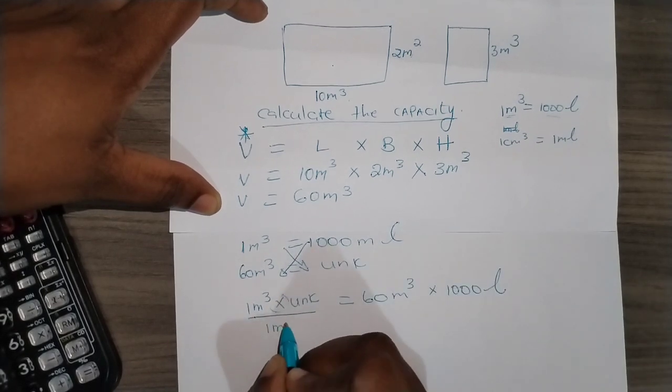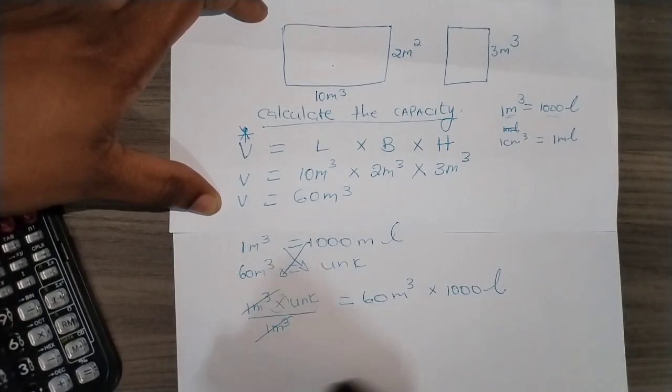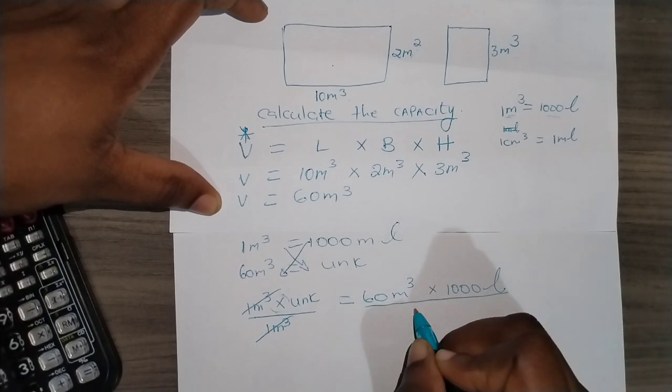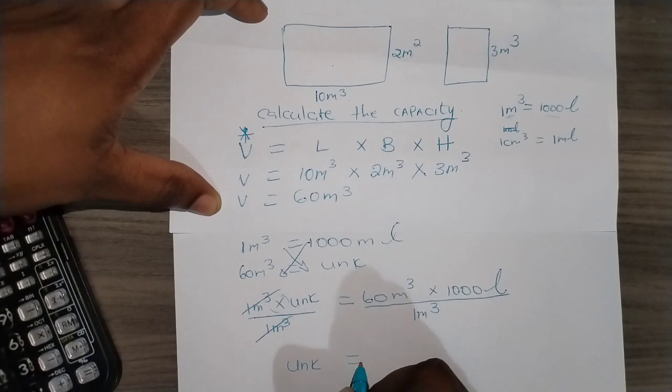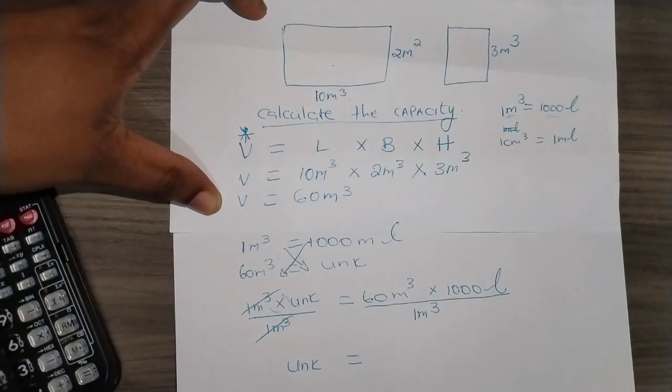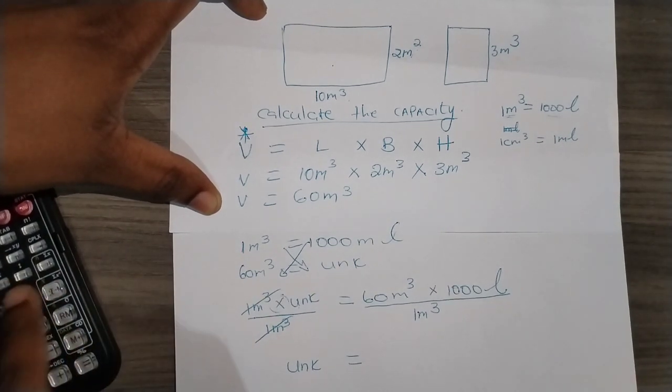So we divide by 1 cubic meter so that we have unknown on its own, and we do the same this side. Therefore, unknown is equal to 60 times 1000 divided by 1.